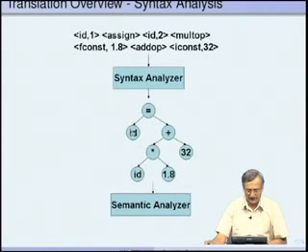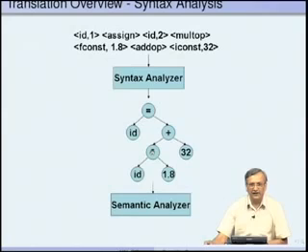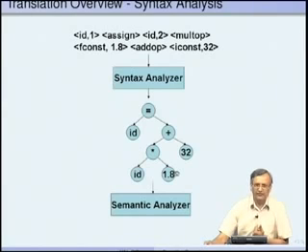The assignment has left child as an identifier, the right child as a plus operator; the plus operator has left child as star and its right child is the constant, and then the star operator has identifier on the left hand side and then the constant 1.8 on the right hand side. Such intermediate syntax trees are produced and fed to the semantic analyzer.